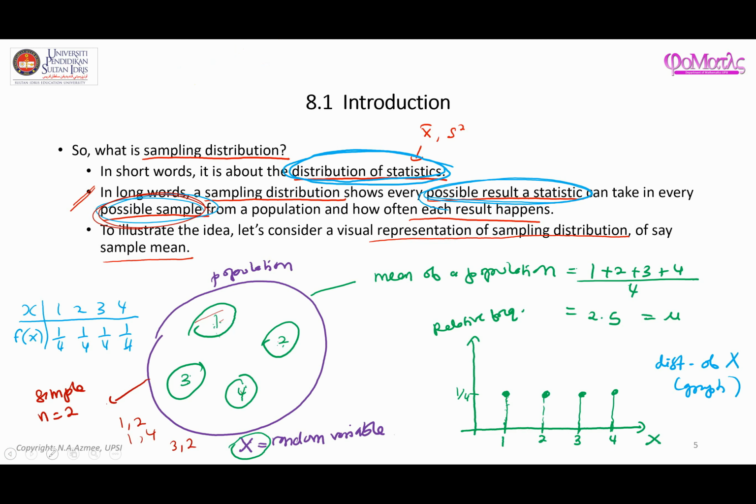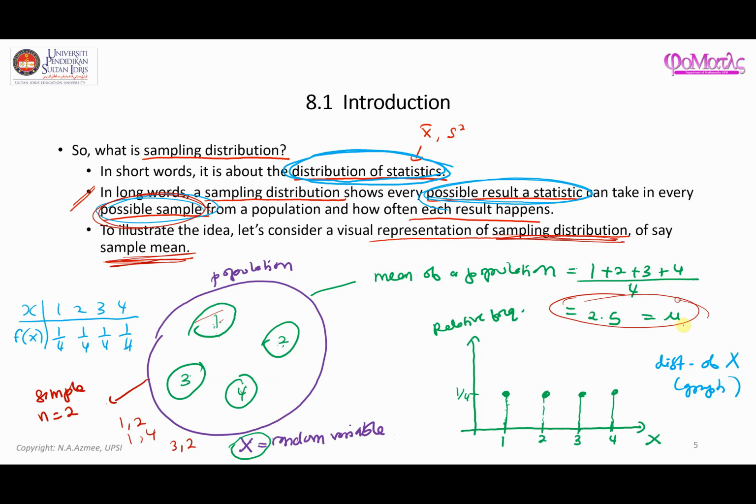So let's say that this is the sample of n equals 2, and here is the result of x bar. We want to find what is the sample mean. So here is the sampling distribution of the sample mean. This one is the value of mu. And so let's see the result of our sample mean.